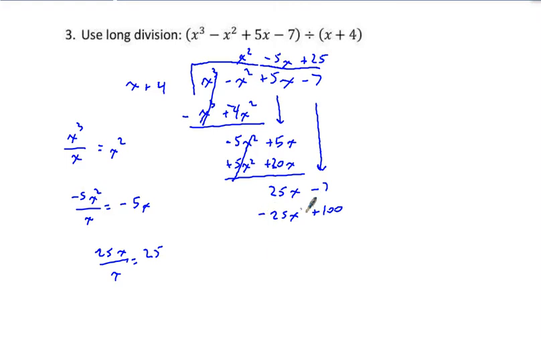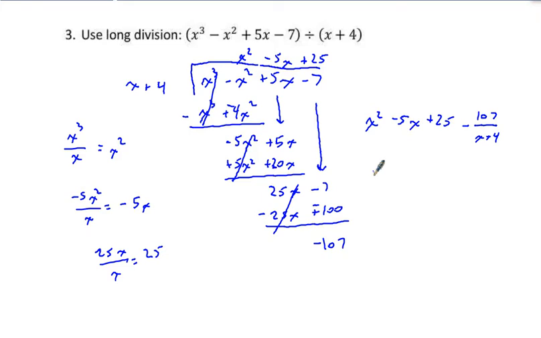We subtract, so the signs change. 25x cancels, and a negative 107 is our remainder. So our final answer here: x squared minus 5x plus 25 minus 107 all over x plus 4.